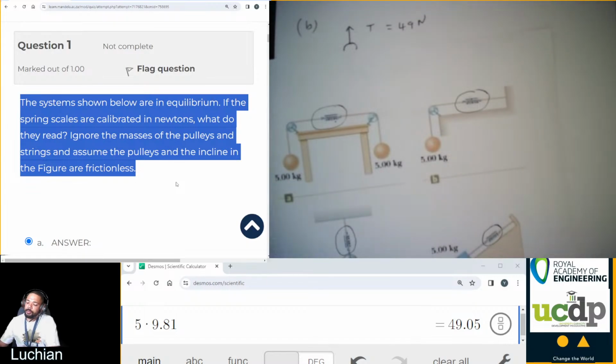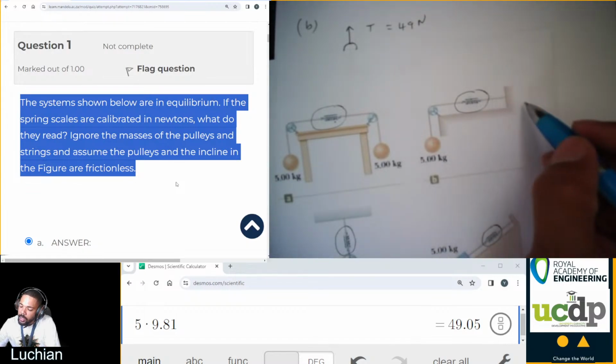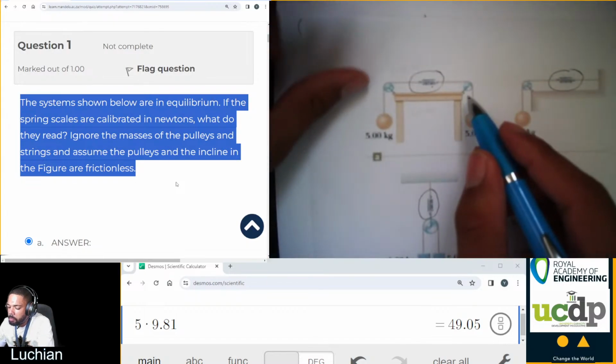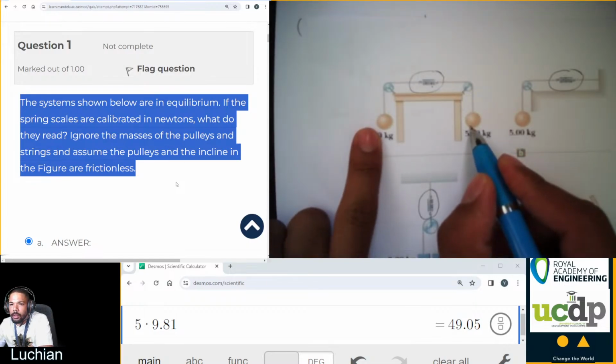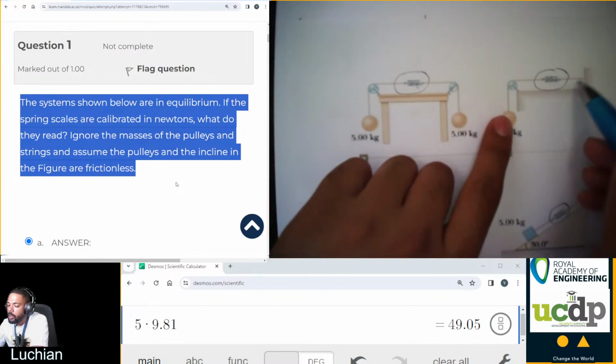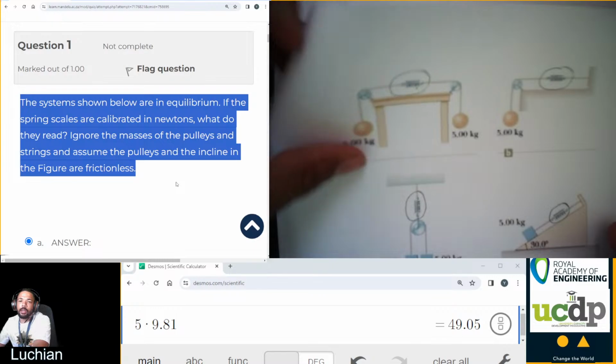In A we have another ball balancing the 5 kilogram weight. In this case, we have the wall balancing the 5 kilogram weight.